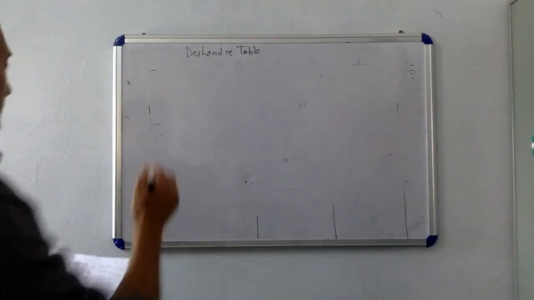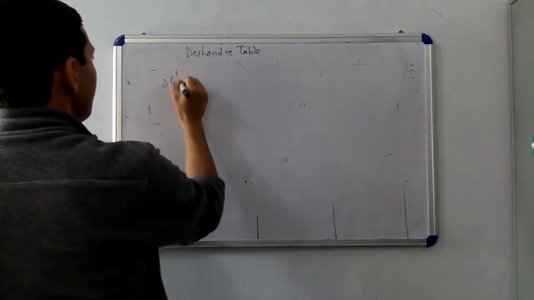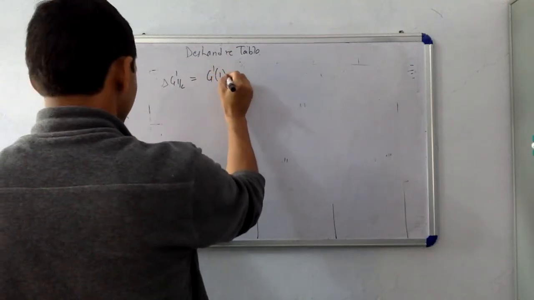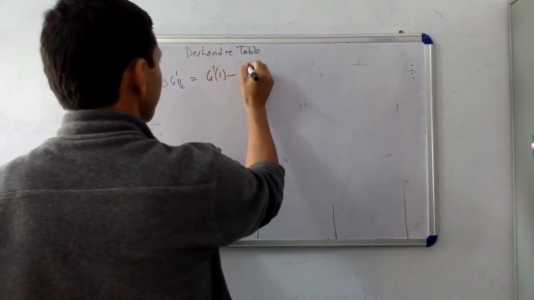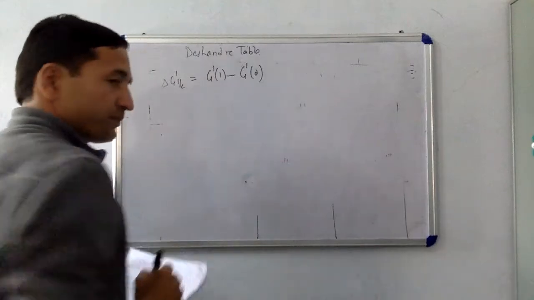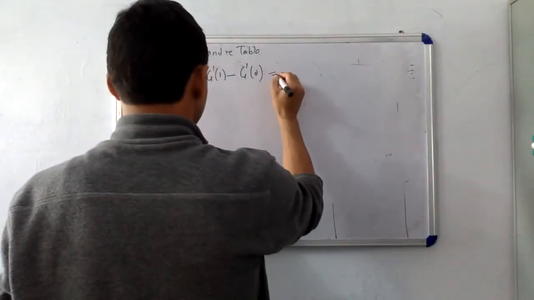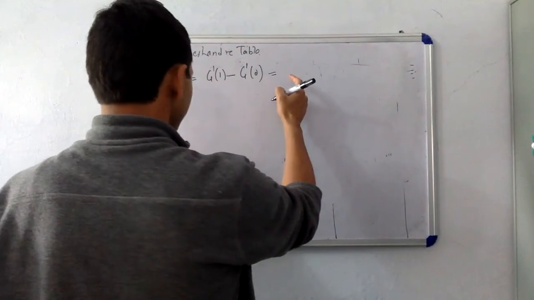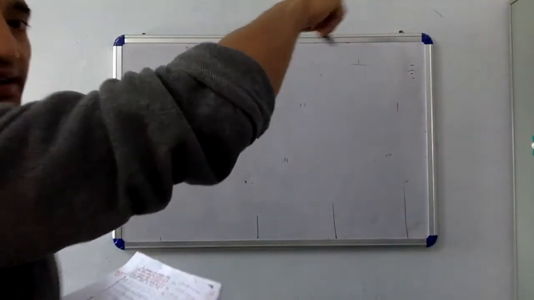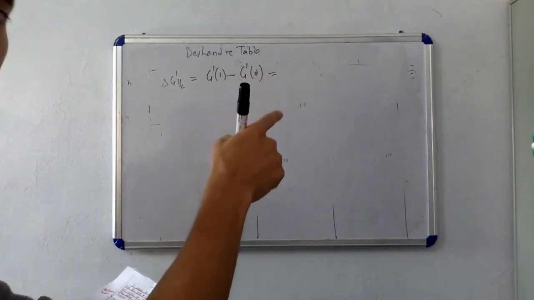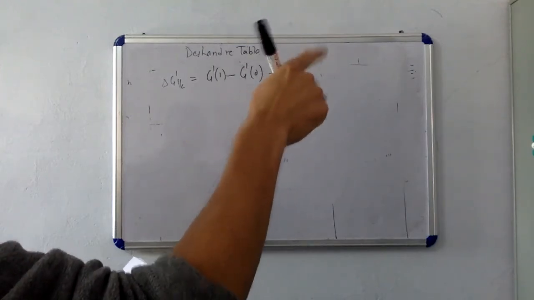So now what I could write is delta G prime of 1/2 is equal to G prime of 1 minus G prime of 0, the two successive ones, that is the rows. This is omega e minus x e omega e, right?